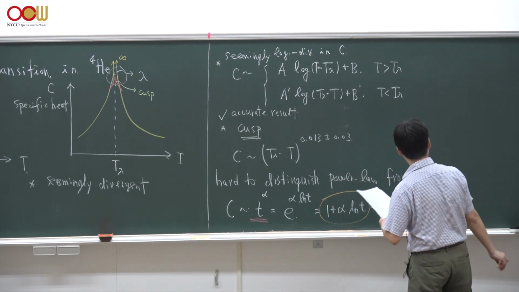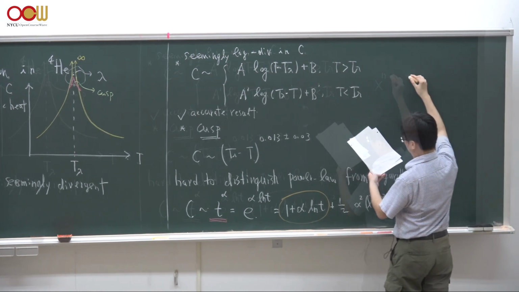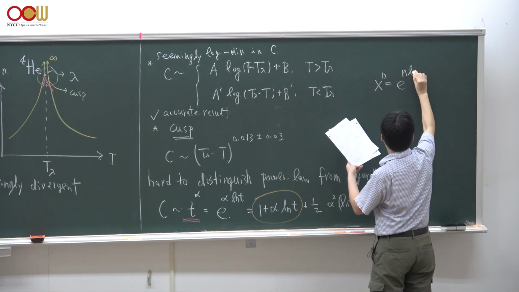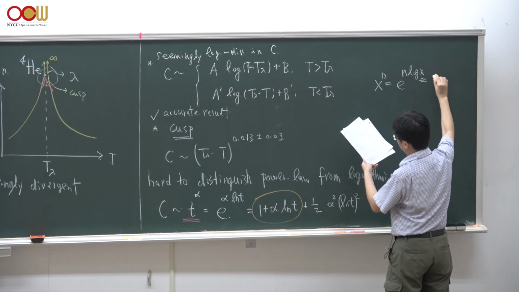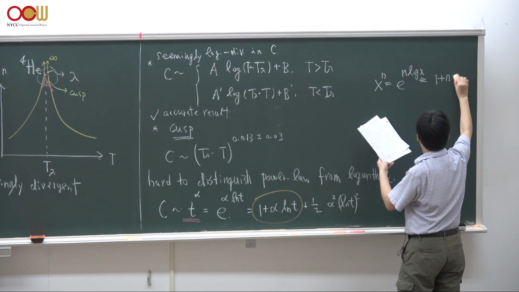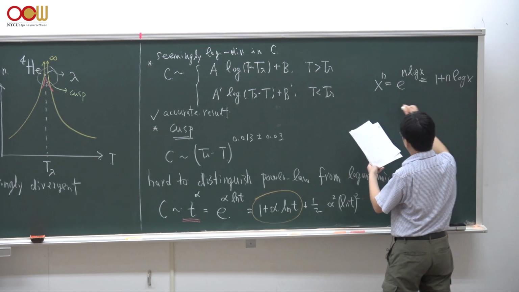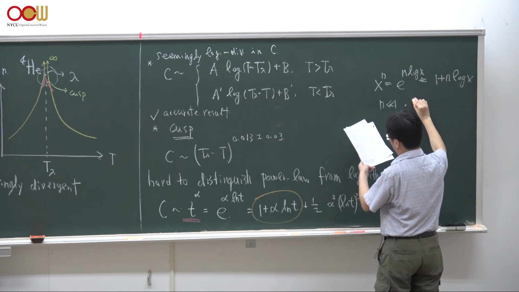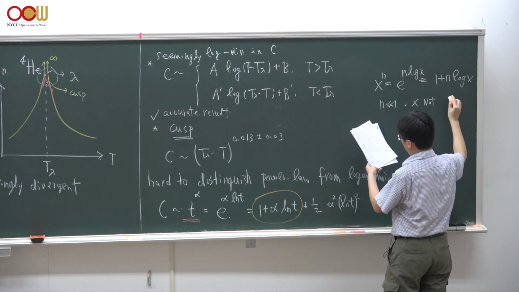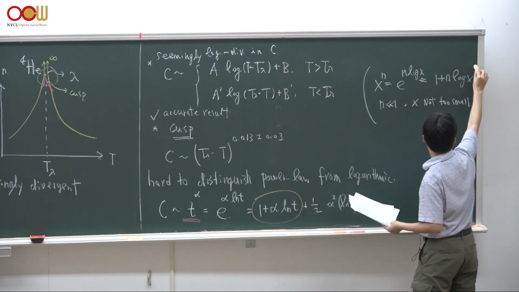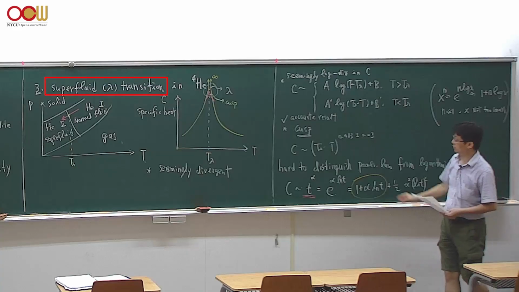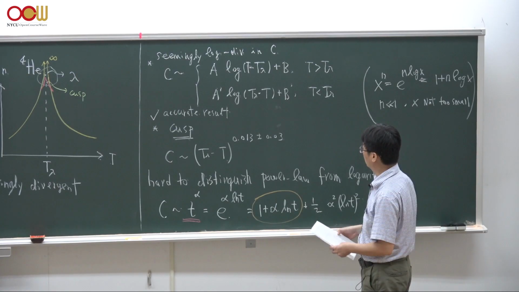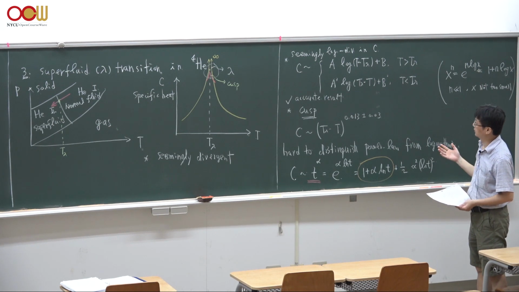But this kind of expansion holds on the condition that x to the power of n is actually e to the n log x, and it's approximately given by 1 plus n log x. And this is accurate only when n is much less than 1 and x is not too small. But this condition can be easily satisfied close to the lambda transition. And that's why people did not realize that this is not a logarithmic divergence.